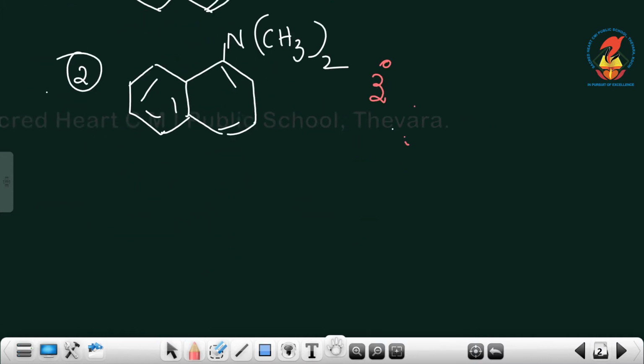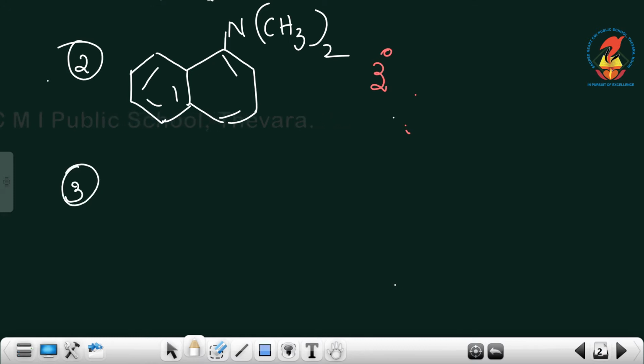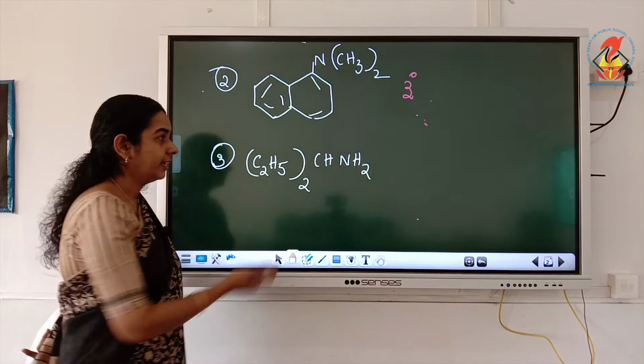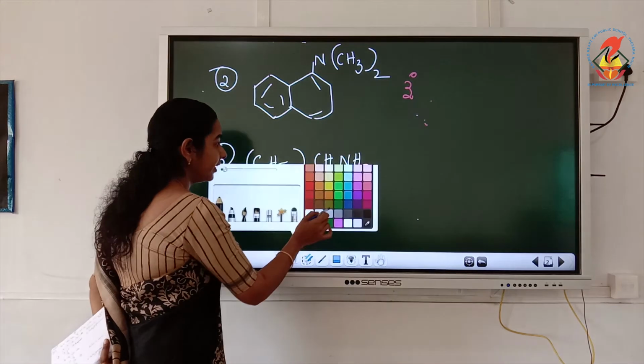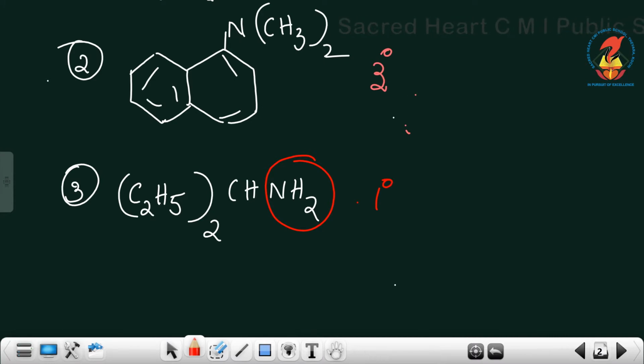Now the third question is, how can we classify this? Look at the nitrogen atom. Here it is, yes, NH2. So we can write it as a primary amine with 2 replaceable hydrogen atoms.